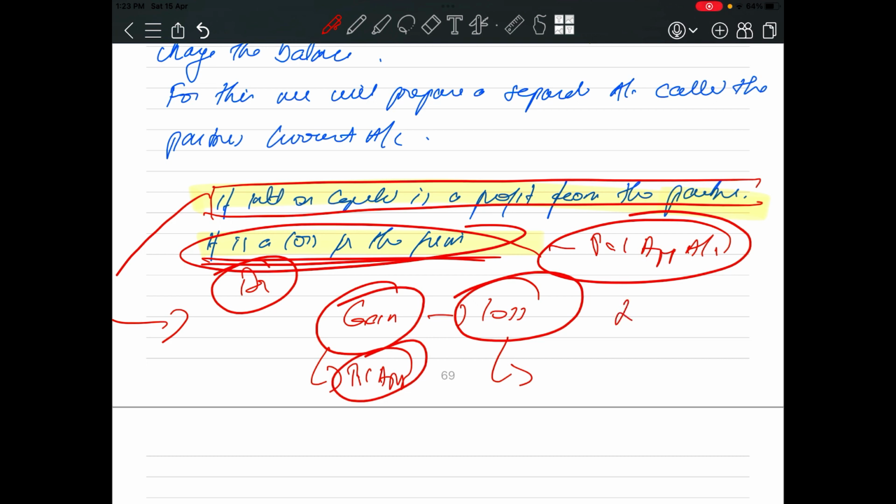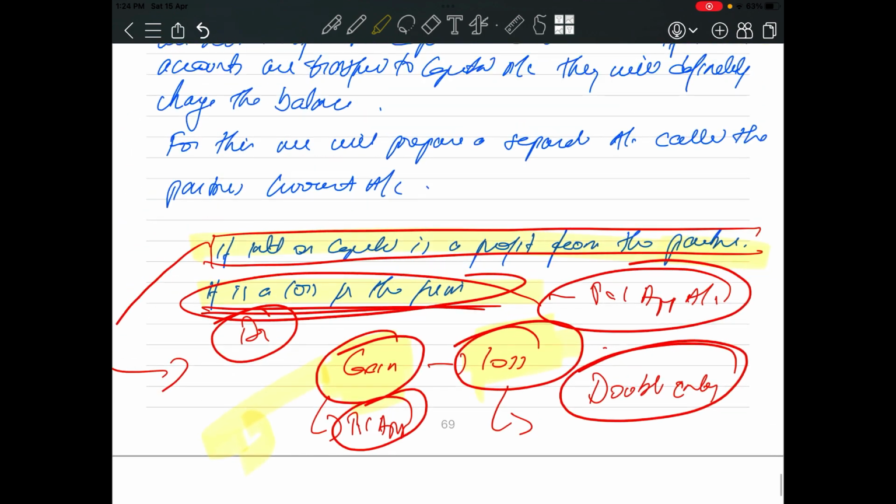There should be two entries. Double entry, we have to follow the concept of double entry now. I hope you have learned the concept of double entry. If it is a gain for the firm, it will definitely be a loss for the partner. So there will be two entries: one will be taken to the P&L appropriation account and the other will be taken to the partner's capital account.